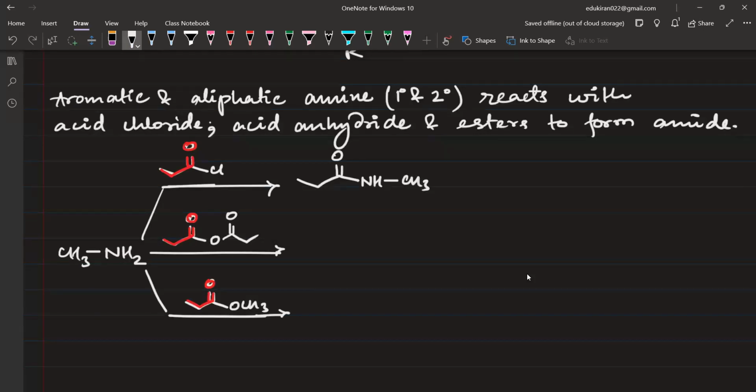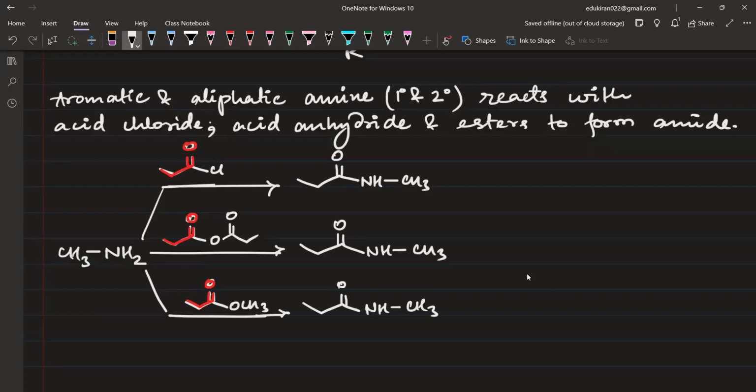Here there can be any alkyl group, any R. Similarly here also you will have C double bond O, NH, CH3. Here also you will have C double bond O, NH, and CH3. All of these are amides.